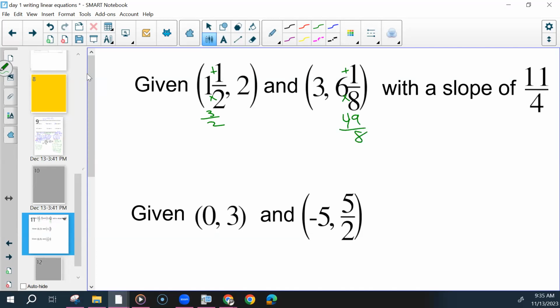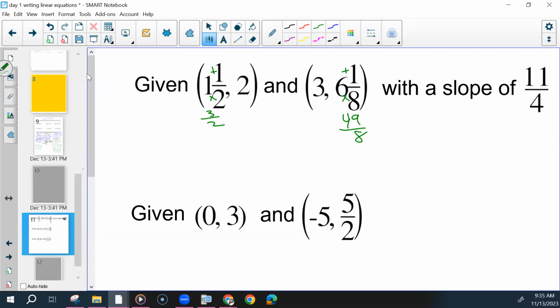Over 8. 8 would be your 48 plus the 1 would be 49. Remember that you can do this in your calculator by putting in the mixed number, and then hitting enter, no change to an improper fraction.